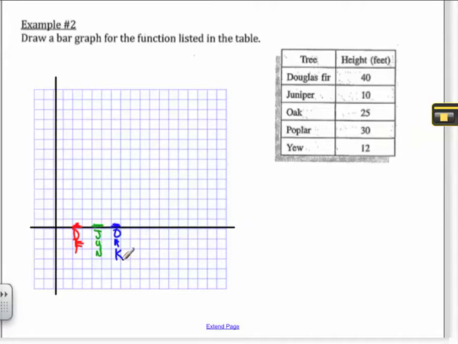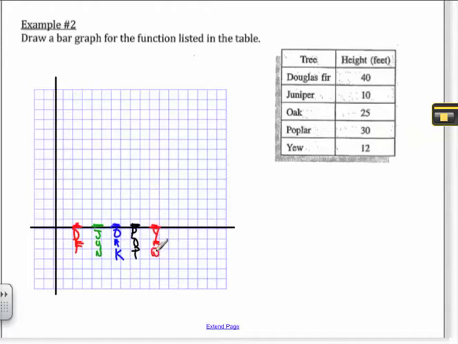And then we've got poplar. And guys, since these aren't running over time, there's no reason I can't separate them by a space, just to give myself a little room so I can compare them, okay? And then the last one is a yew tree, and I'll do that one in red, Y-E-E-W.